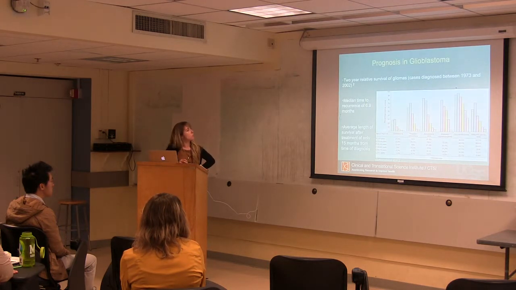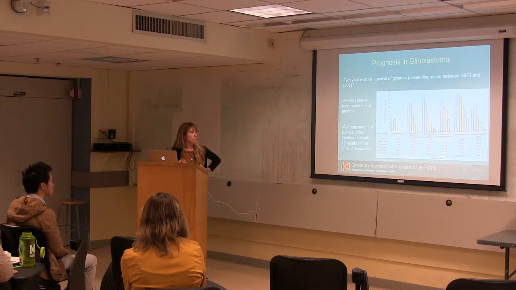So to go a little bit more into the prognosis, the 2-year relative survival of all gliomas, which is shown here, basically this is data collected between 1973 and 2002, and you can see here with glioblastoma, this is just categorized by age at which they were diagnosed. You can see that the 2-year relative survival rates are quite low, ranging from 1.4% to about 28%.